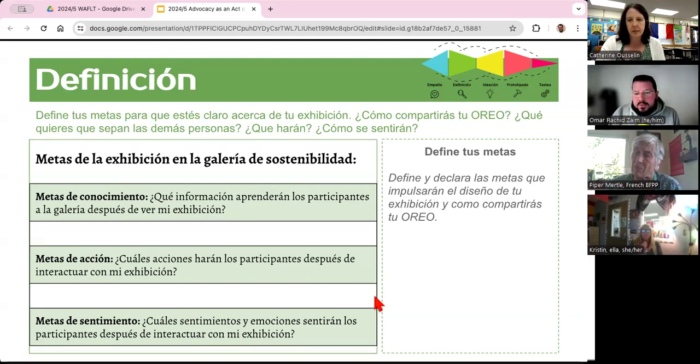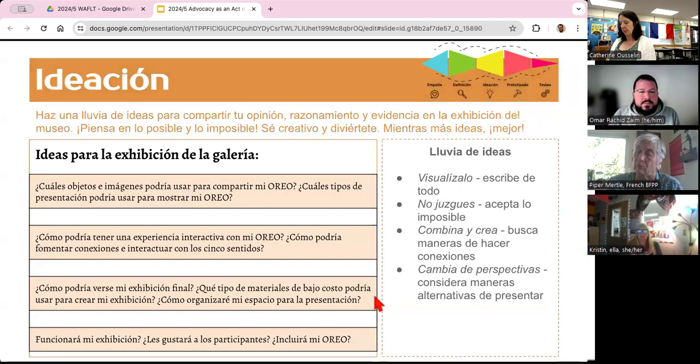There's a lot of structured language here that might seem inaccessible, but I always try to bring it down into a very concrete way and say, what do you want your participants to see, to do, to think, and to feel? And that really gets them thinking outside of themselves.